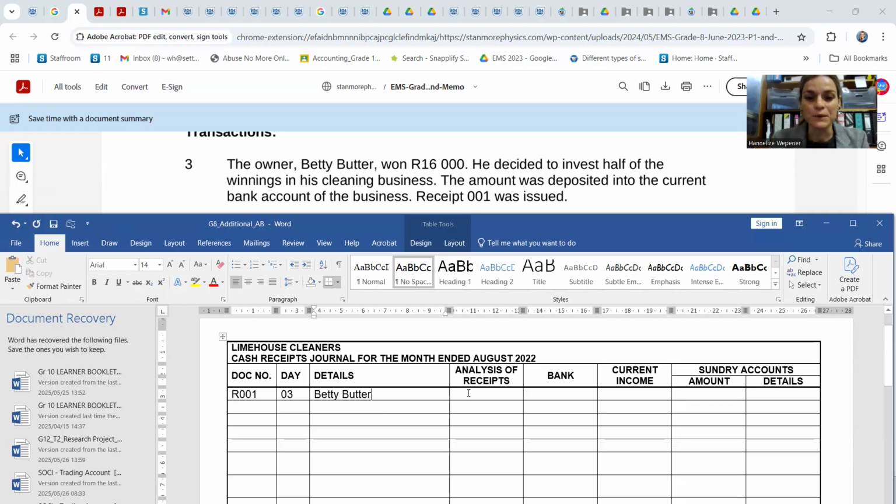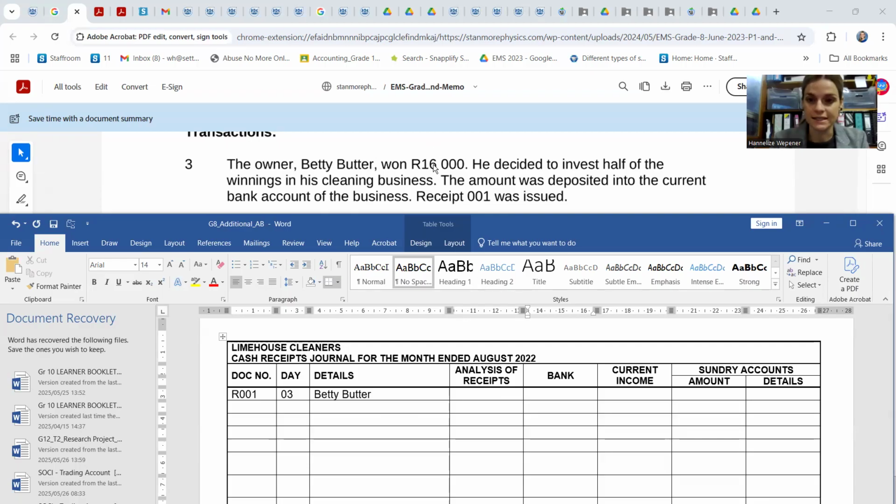And now, was this received at my business premises or directly into my bank account? Okay, so the amount was deposited into the current bank account of the business. In other words, it was directly into my bank account, skipping analysis of receipts. Now, what is the amount?